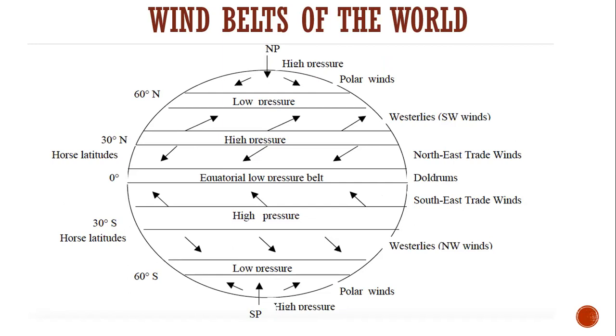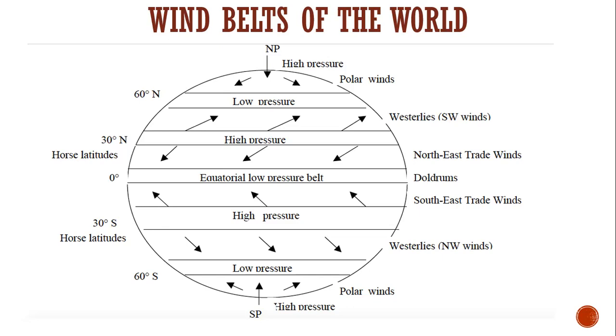So I hope it's clear. We've seen all of these. We've discussed how high pressure builds up in the North Pole and the South Pole, and in such a way the wind blows and causes the movement of wind.